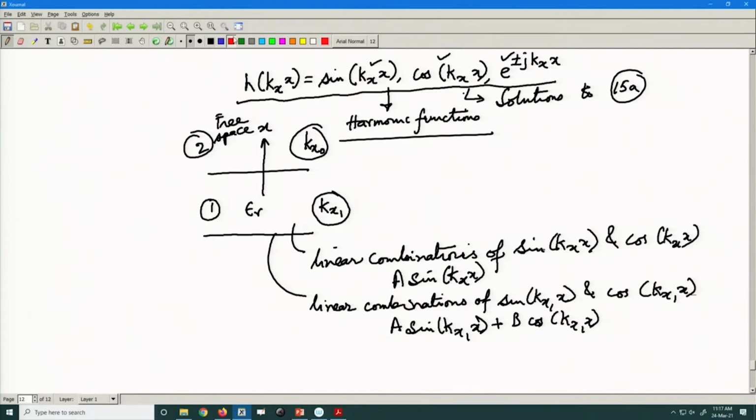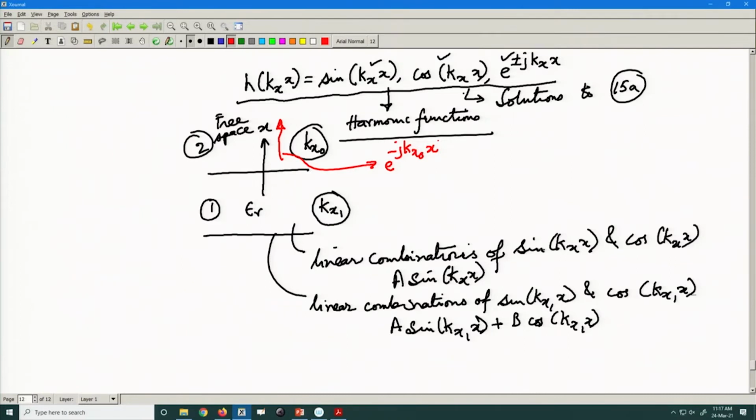However, in this region the wave is going forward, it is going to infinity. So, here the functional variation will be expressed in terms of e to the power minus j k x naught x, because there is no reflection here. So, the wave is going forward.